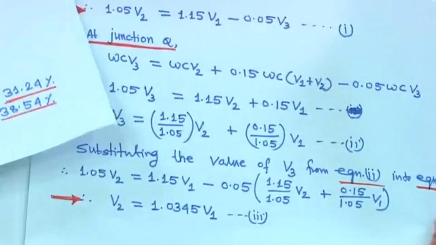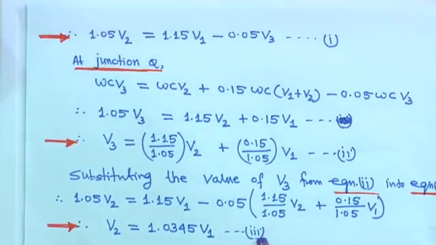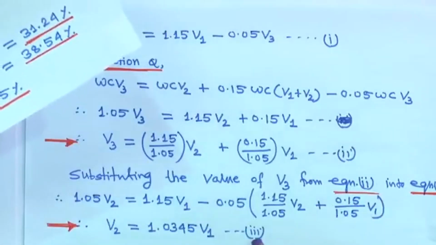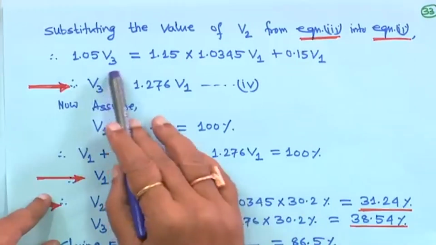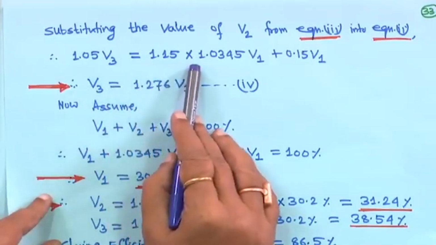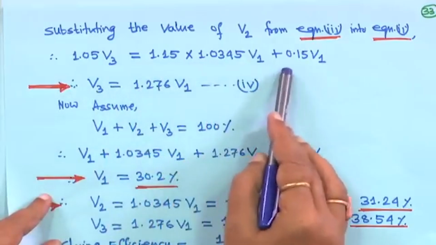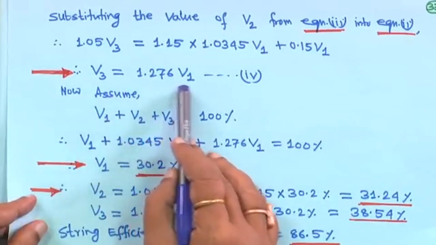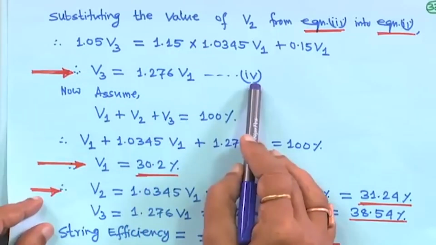Now, again substituting this value of V2 from equation 3 in equation 2, you will get 1.05 V3 is equal to 1.15 into 1.0345 V1 plus 0.15 V1. Therefore, V3 is equal to 1.276 V1. This is equation 4.